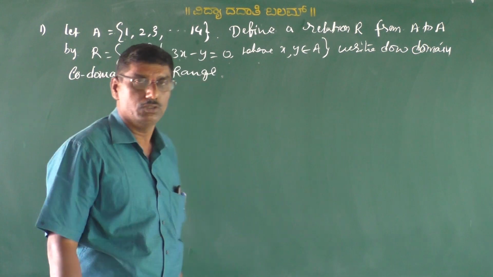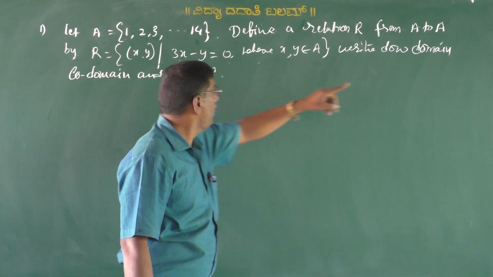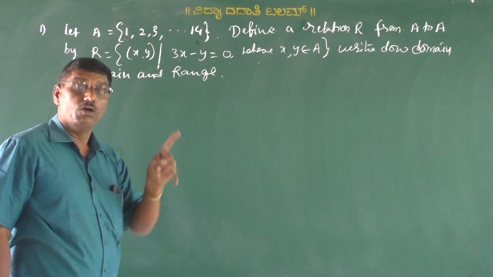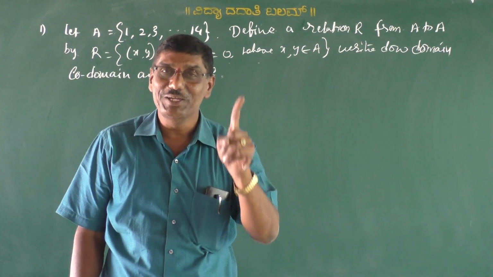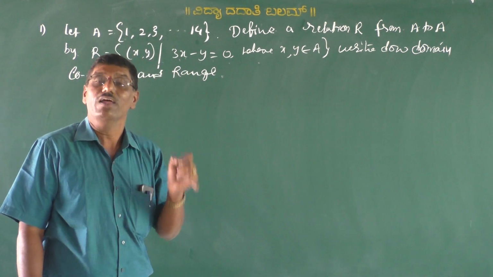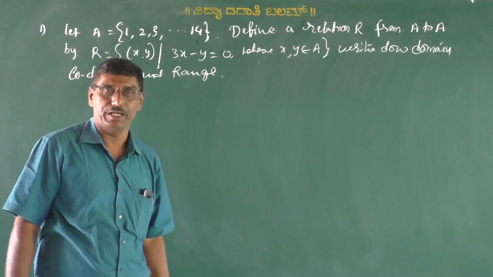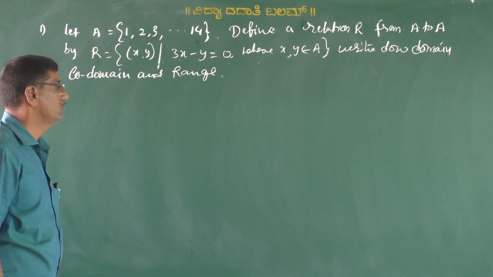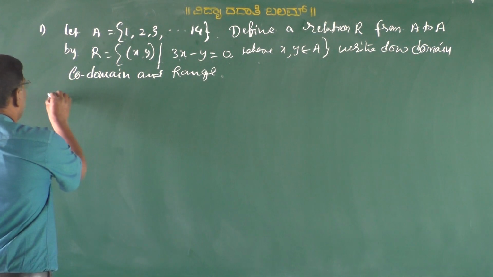My dear students, to write down the domain, codomain and range, first we have to write the given relation in roster form. That means we have to list the elements, isn't it? How can you solve? Write down the solution.